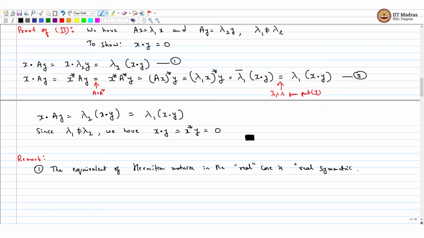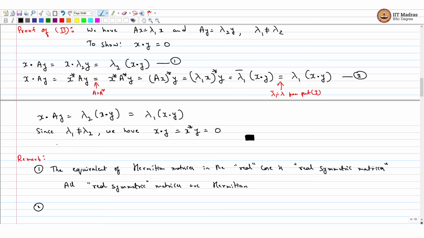So there's no question of conjugation, you just take the transpose. So trivially, that is to say that all real symmetric matrices are Hermitian.